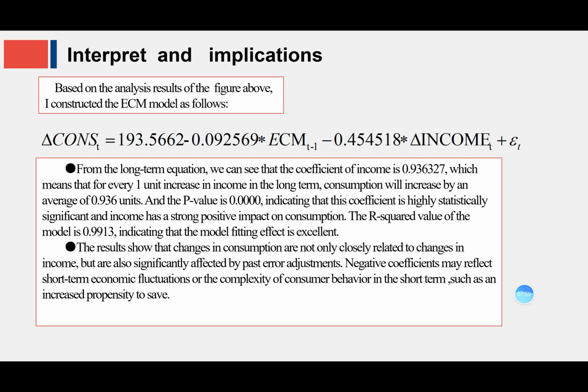Based on the analysis results of the left figure above, I constructed the ECM model as follows.